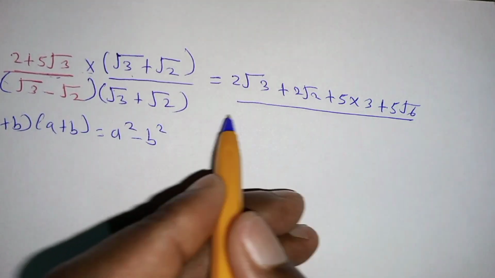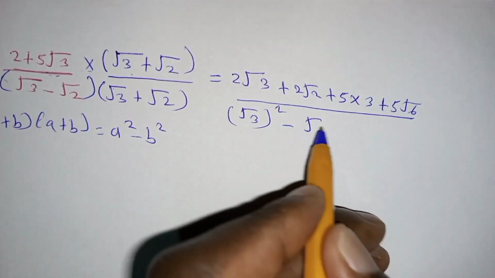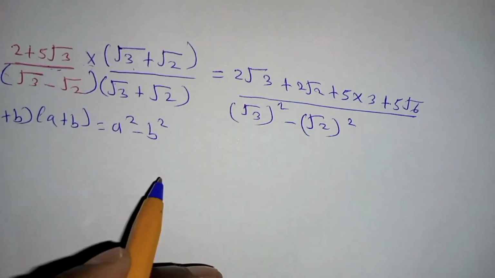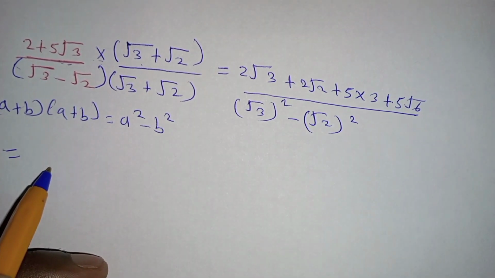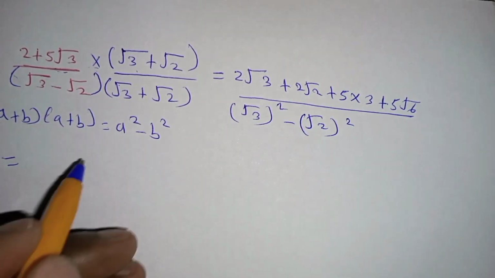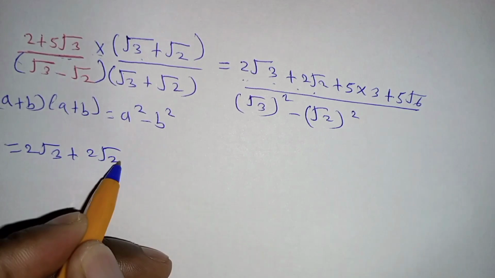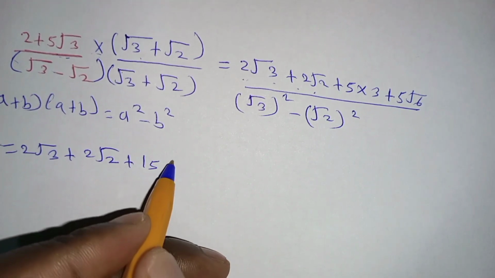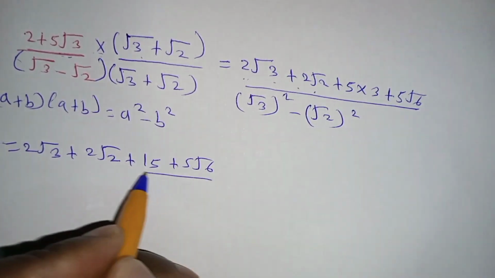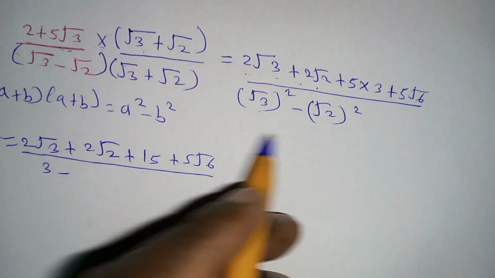our a in this case is root 3 squared. Root 3 squared minus root 2 squared. This will be equal to, here we are going to have 2 root 3 plus 2 root 2 plus 15 plus 5 root 6 divided by root 3 squared is 3, root 2 squared is 2.